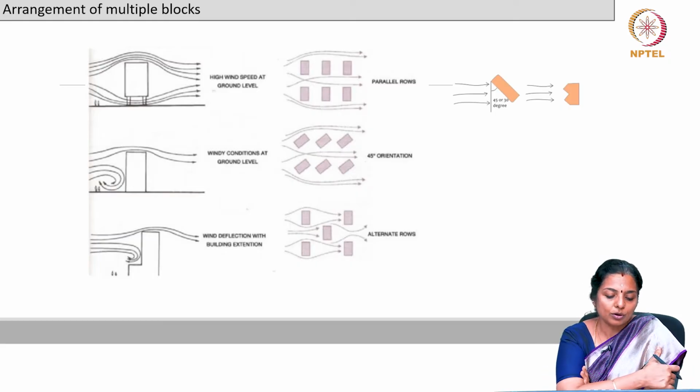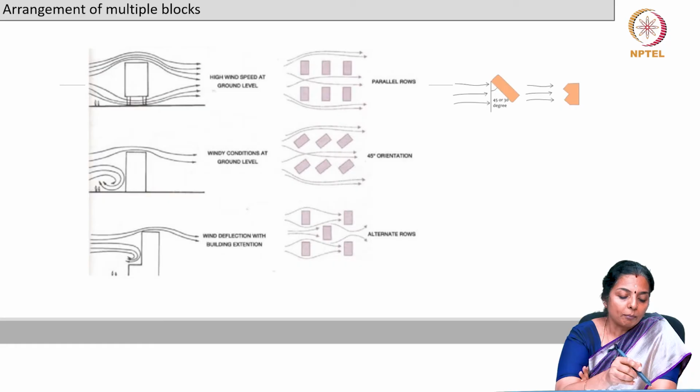Now, you must also understand that physical obstacles in the path of airflow create pressure differences. This causes a new airflow pattern. Air tends to flow from high pressure areas, so knowing the direction of air movement, the plan form can be determined so as to create high pressure and low pressure areas.